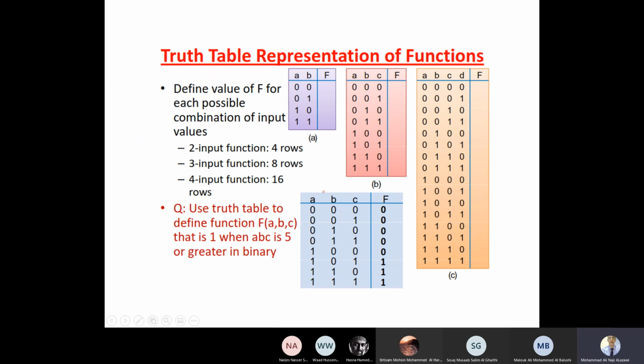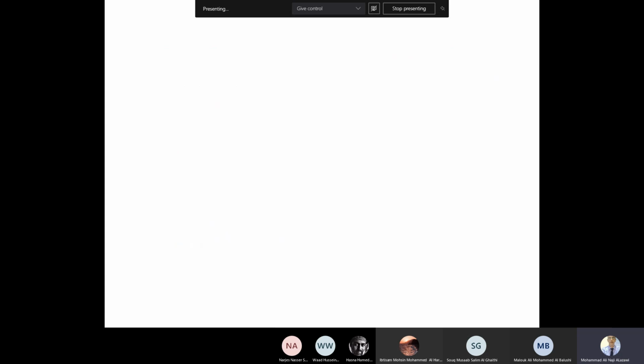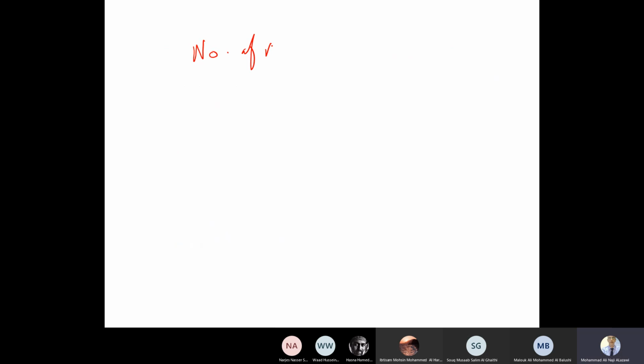So the truth table representation is very important. Most of your design will depend on this. We've already discussed this, and we took some examples of how to convert these things. First of all, I want to remind you about the number of rows in a truth table.